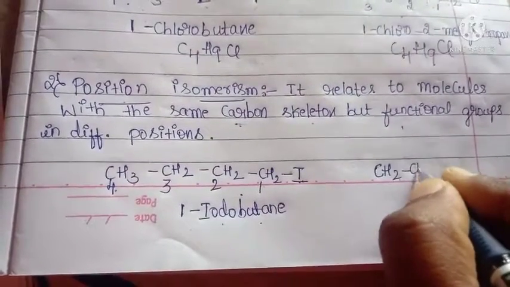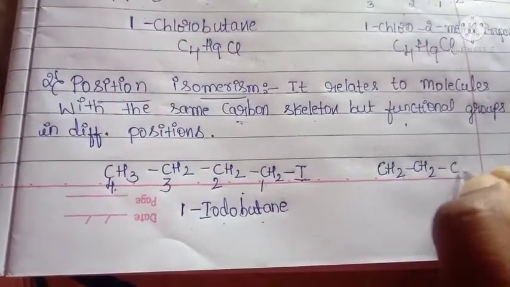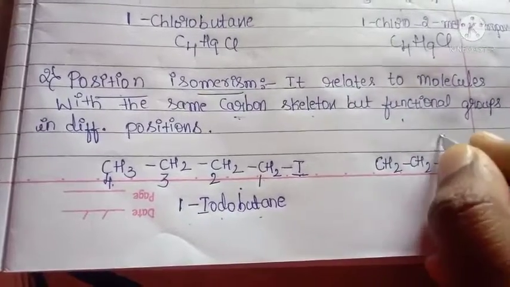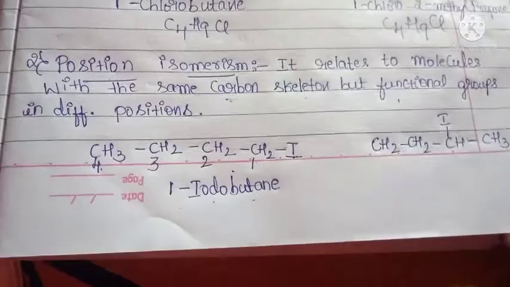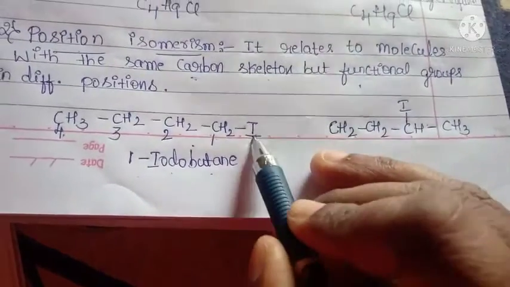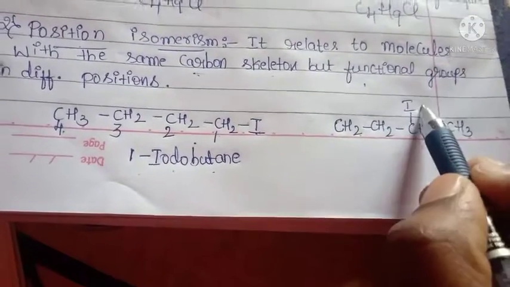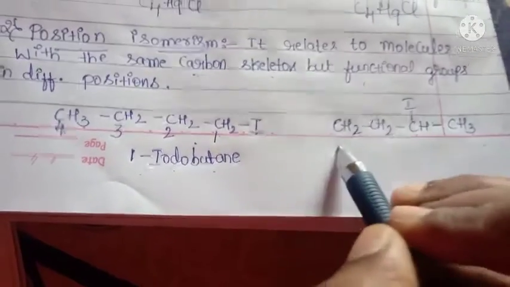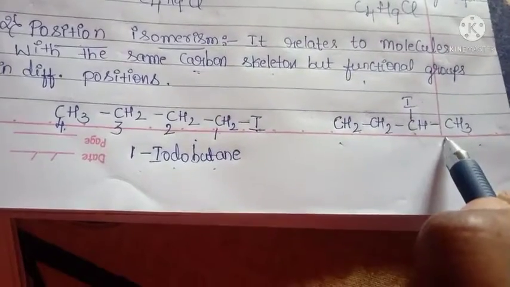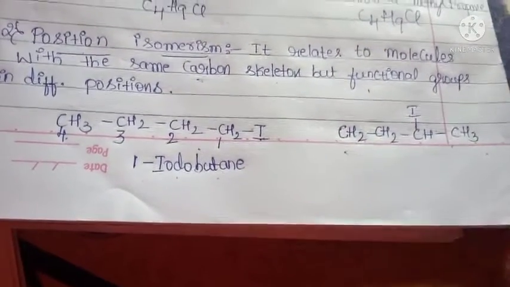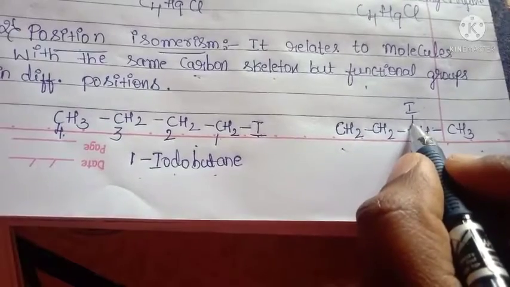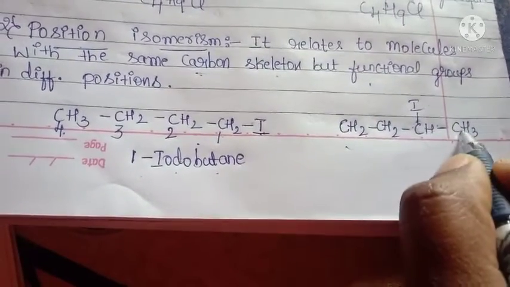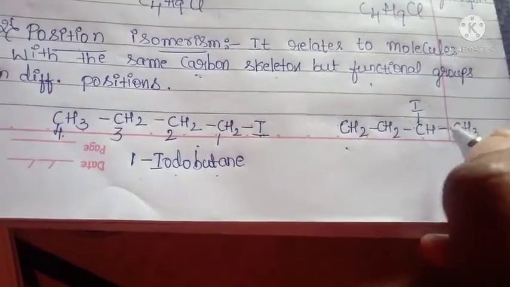Okay, next the second isomer is CH2, CH3. Here you have to see this, the position of the iodine group is different. Okay, there is no different position of carbon and hydrogen. Then you have to give the least number. By numbering from this side, it gets the third carbon, but numbering from this side, it gets the second one.